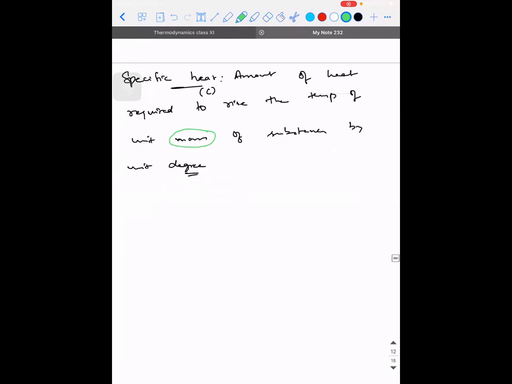If the same specific heat is spoken of in terms of the number of moles, so when you talk about the quantity of the substance in moles instead of mass, that kind of specific heat is called molar specific heat. Can you guess what change will happen?